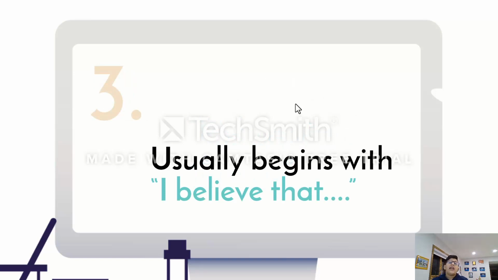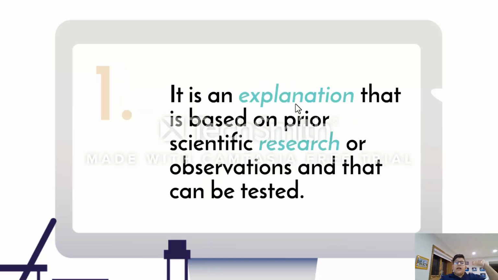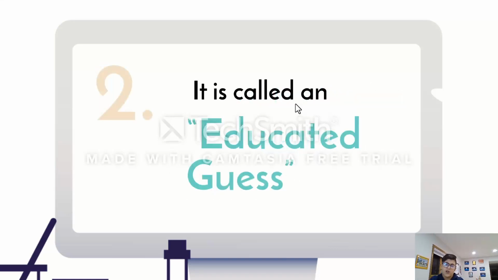You wouldn't say, I know that. If you know that, then it's not a hypothesis. And we need to make sure that the hypothesis is tested so we can prove that it's true or false.